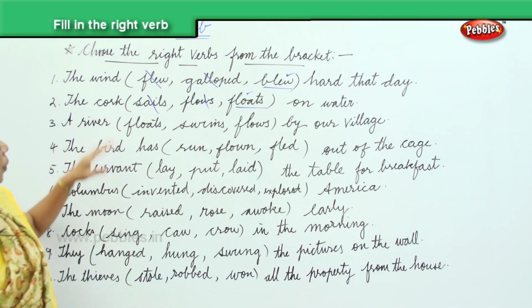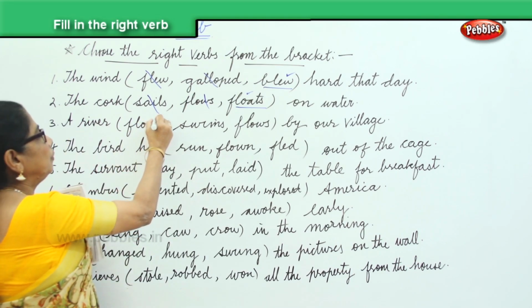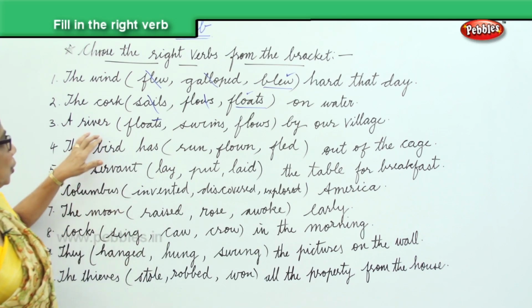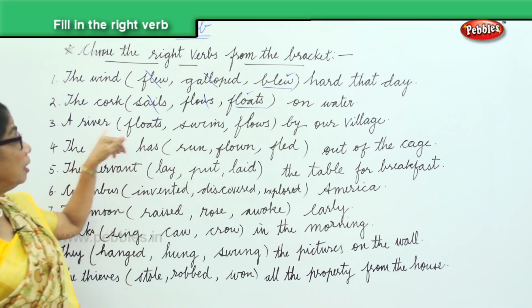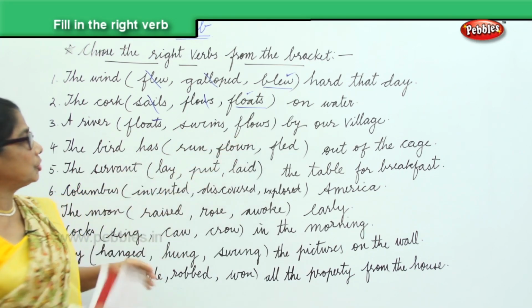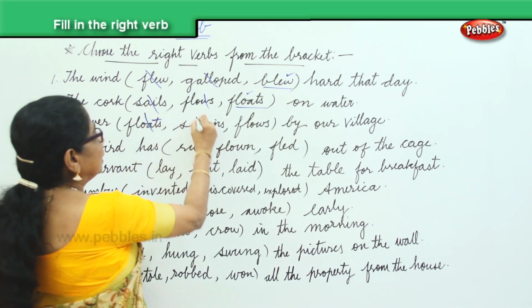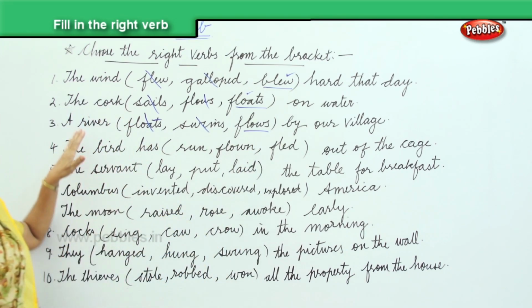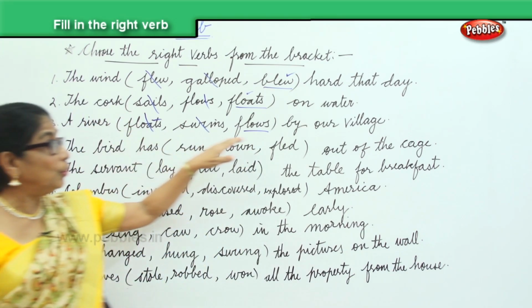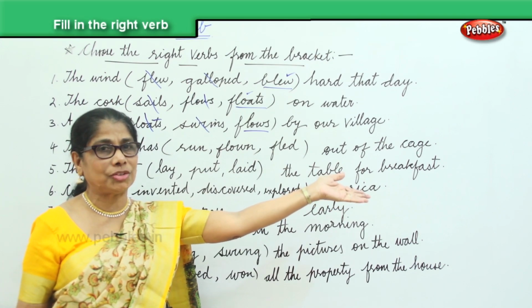The river floats by a village? No. The river swims? No. Flow. The river flows by a village. So these two are wrong verbs. A river flows by a village.